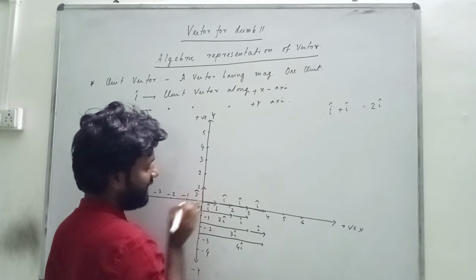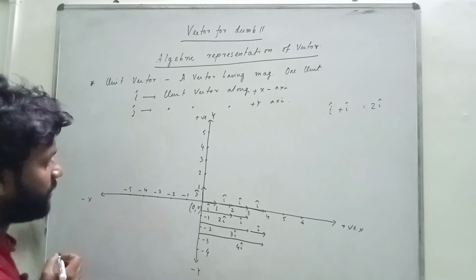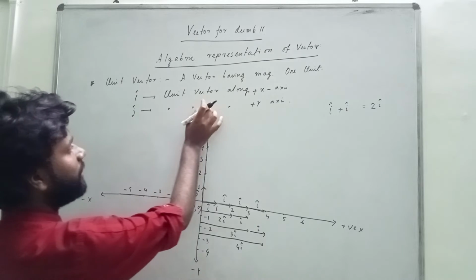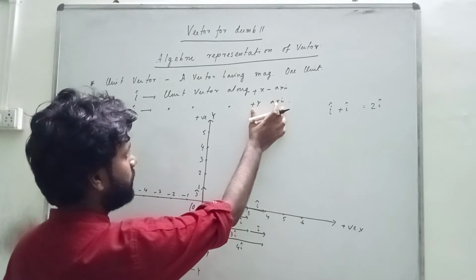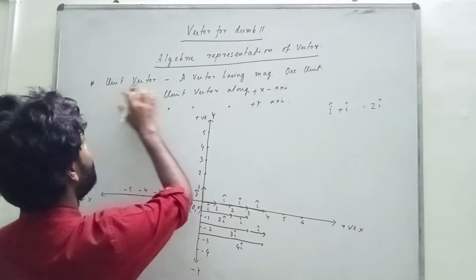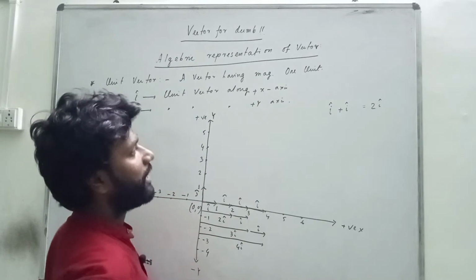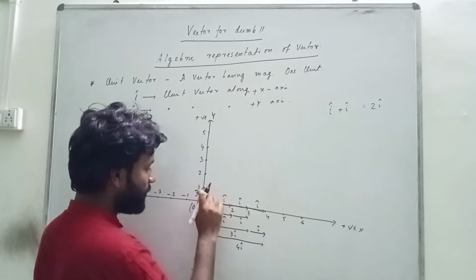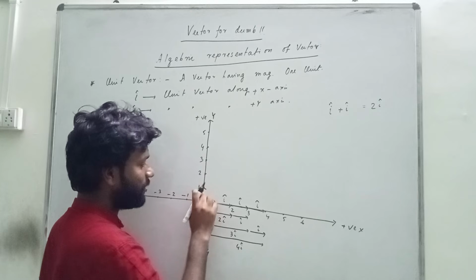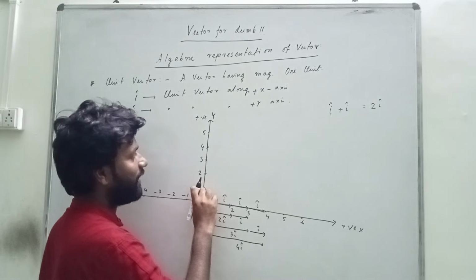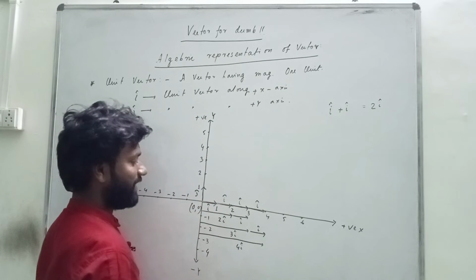Because j cap means a unit vector along the positive y-axis, and a unit vector means a vector having a magnitude of 1 unit. From 0 to 1 it is 1 unit, along the positive y direction.